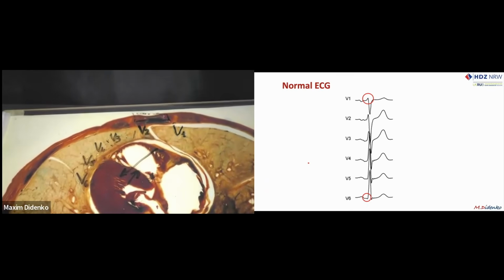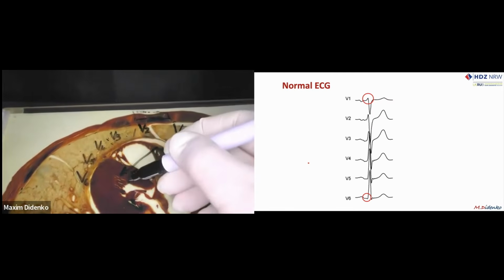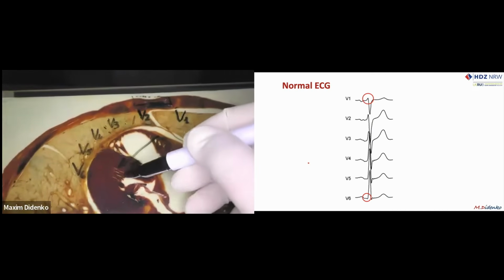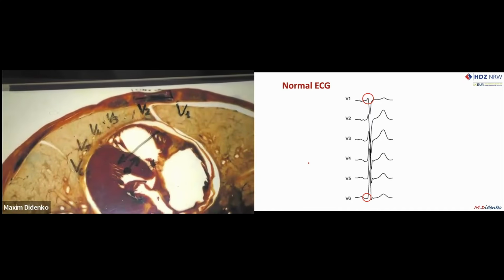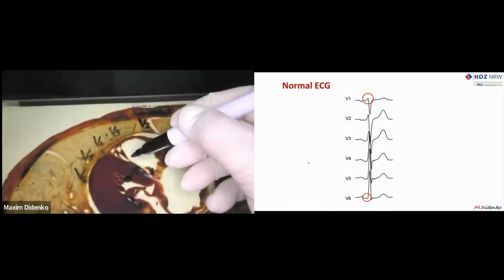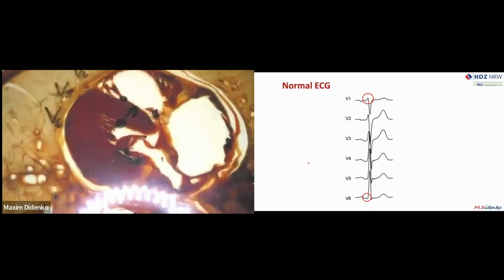We know it's not synchronous because otherwise we would not have an R wave in lead V1, correct? So actually it's because of two, again, anatomical reasons. First of all, the connections of the left bundle with the Purkinje fibers occur earlier. On the right side, for example, the first connection with the Purkinje fibers is a little bit later.